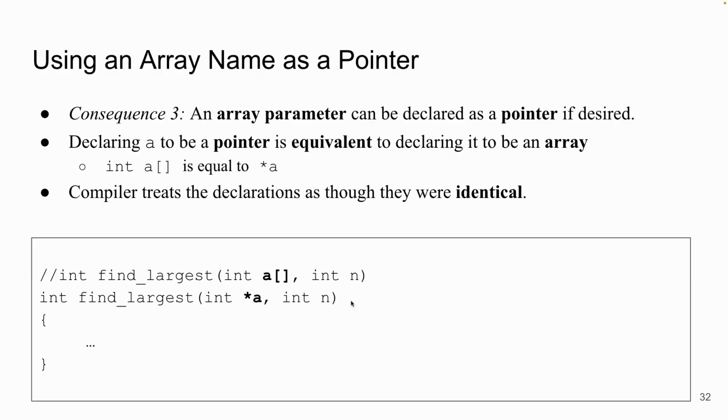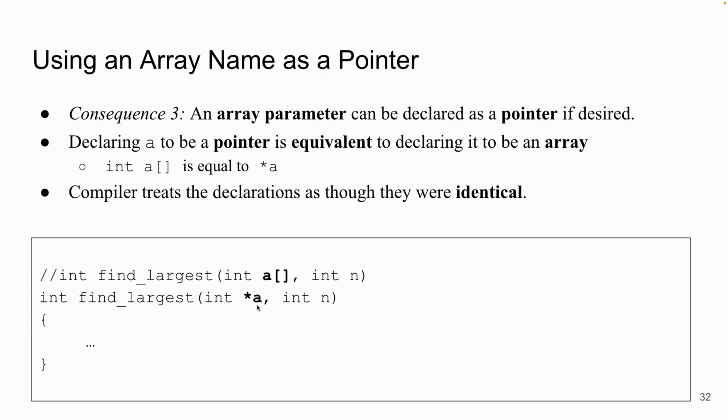Then the next consequence is that now we know that the array parameter is actually treated as a pointer to the array, right? So actually we can change the declaration of the parameter from int a with the square brackets into this version here, because we know it itself is a pointer pointing to the first element of the input array, right?